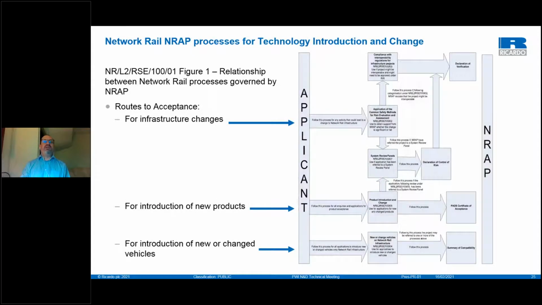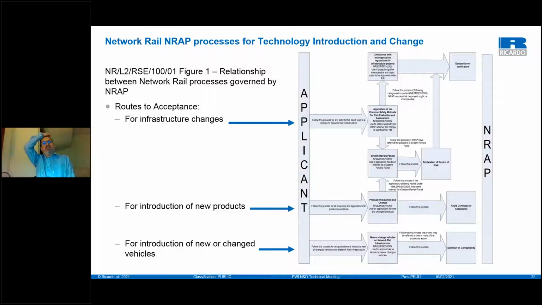Final technical slide. Another extract from the Network Rail Standard, where this shows the relationship between the processes for acceptance of infrastructure changes, acceptance or introduction of new products, and introduction of new or changed vehicles. They follow a very similar process.